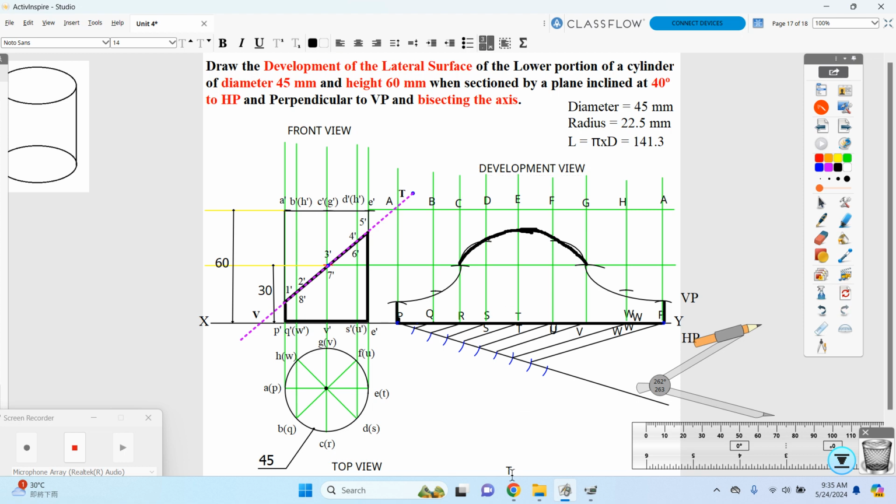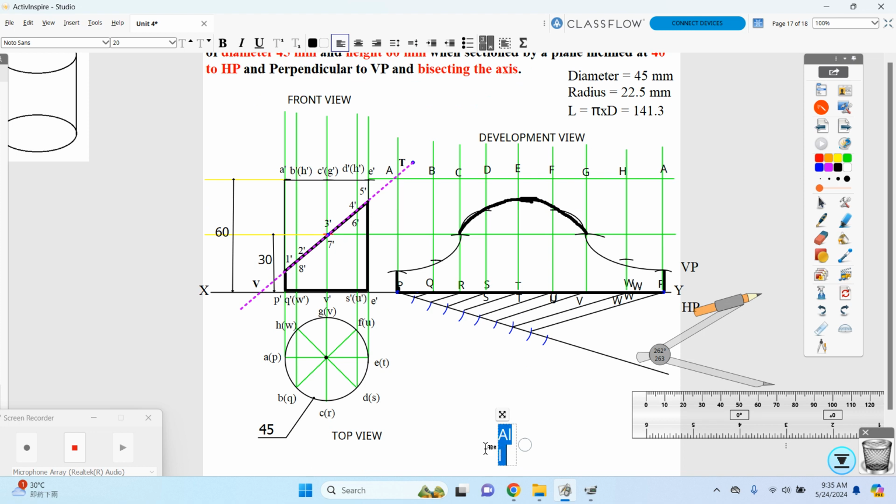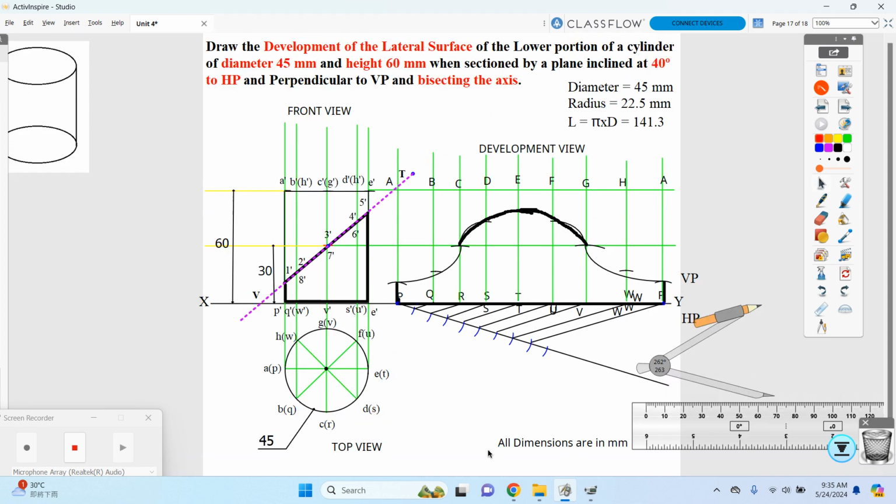Then you want to mention that all dimensions are in M. So does anyone have any doubt on this problem?